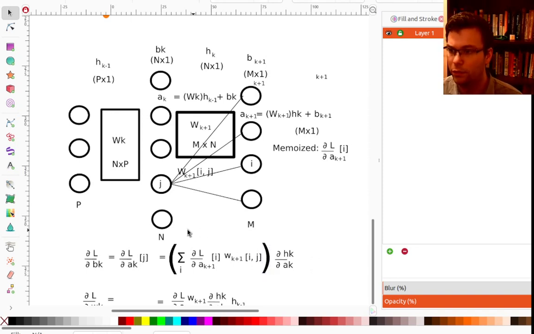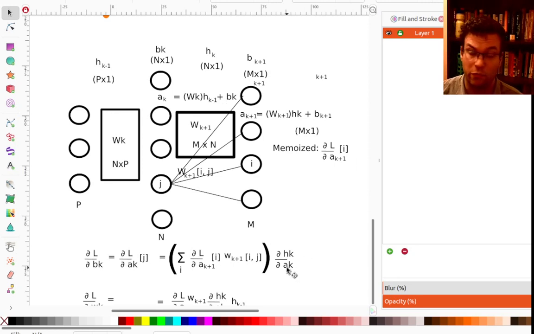So this is part of it. And then this here is the derivative of h_k with respect to a_k. That is the application of the nonlinear function, element-wise, to the elements of a_k. Remember, we do the linear part, and then we put it through something like a leaky ReLU or sigmoid, just the logistic function, whatever.